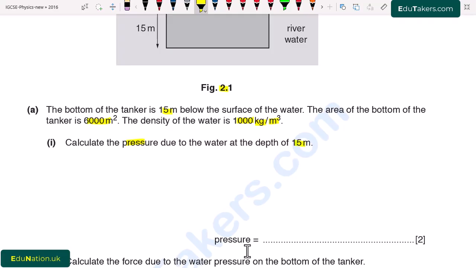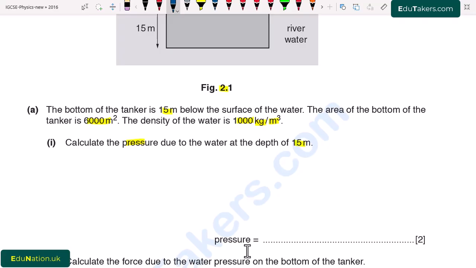So first of all, here we are given the area of the bottom of the tank and also the height of the tank from the surface of the water. And we have to calculate the pressure due to the water at the depth of 15 meters. So we know the formula of pressure, that pressure is the multiplication of density, acceleration due to gravity and depth.